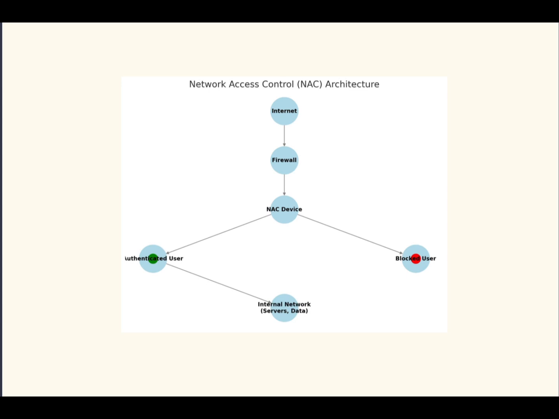So, real-world use cases. In corporate networks, only employees with company laptops can access internal systems. Some companies allow employees to bring their own device, BYOD, bring your own device. In that case, personal devices must meet the security requirements before connecting to the internal network.